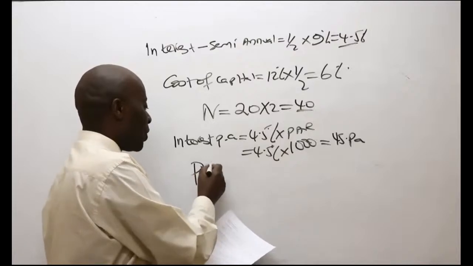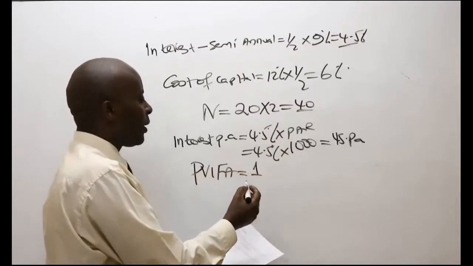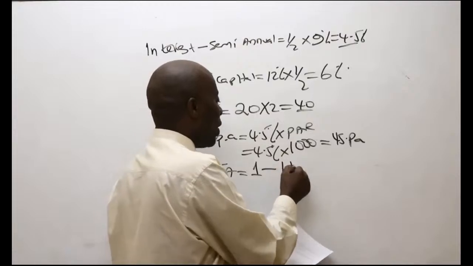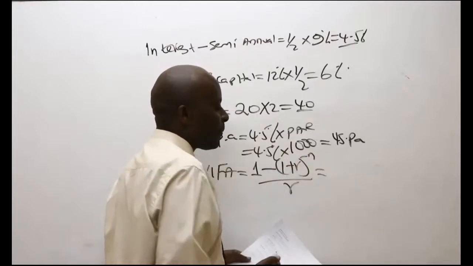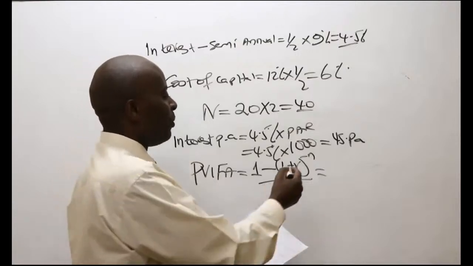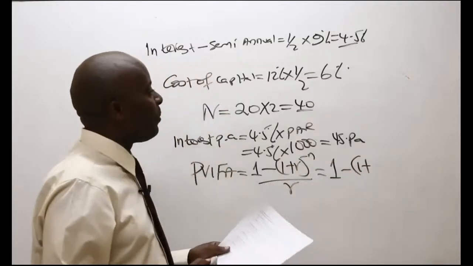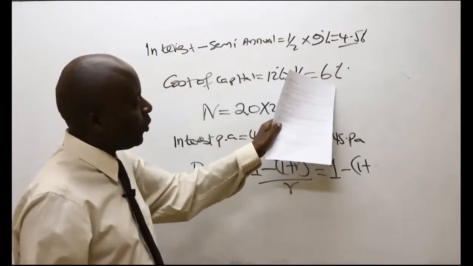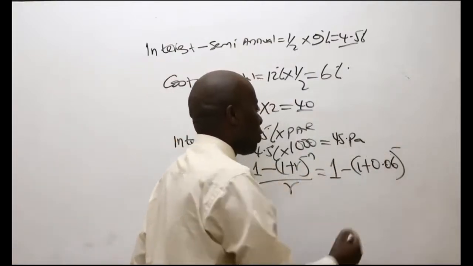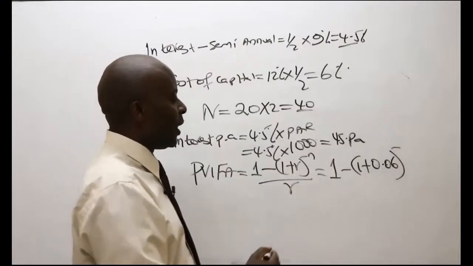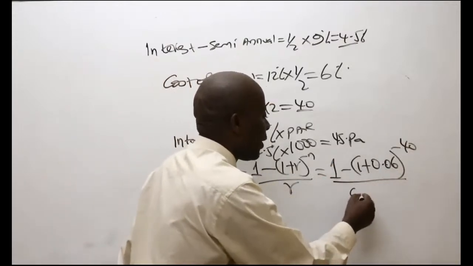So give us the PV. How do we get PV? Now you guys have known the concept. It is 1 minus 1 plus R raised to negative n, everything divided by R. So this will be 1 minus 1 plus our cost of capital, which I'm using here as 6%. So 1 plus 0.06 raised to negative 40, and then everything divided by 0.06.